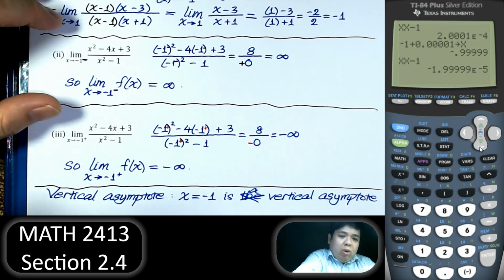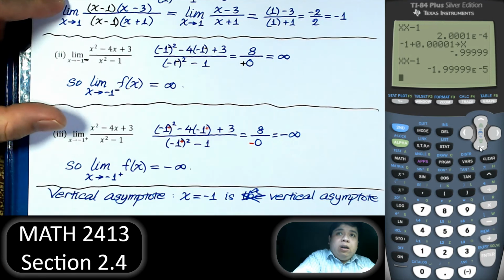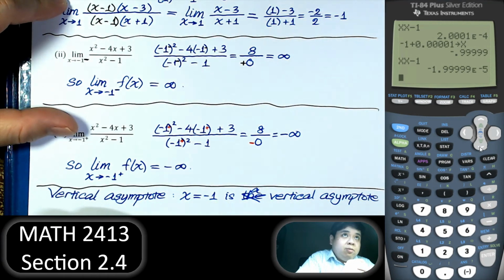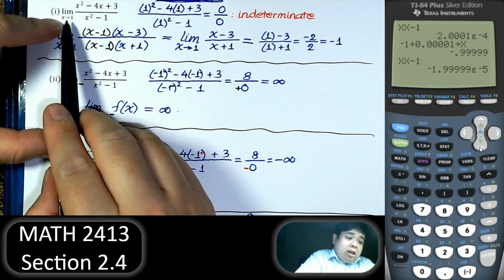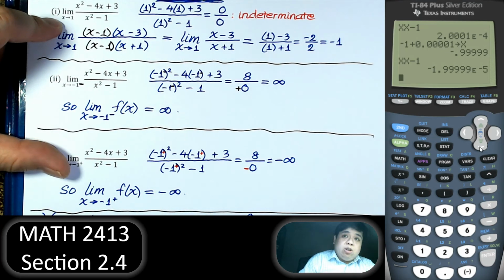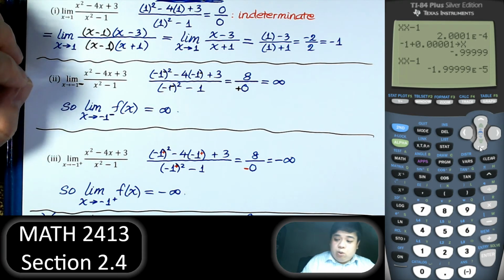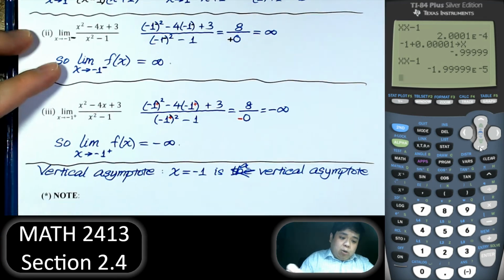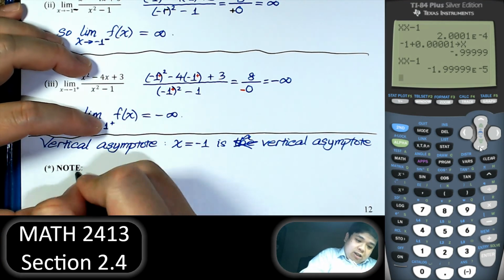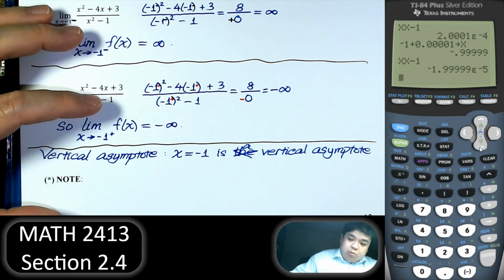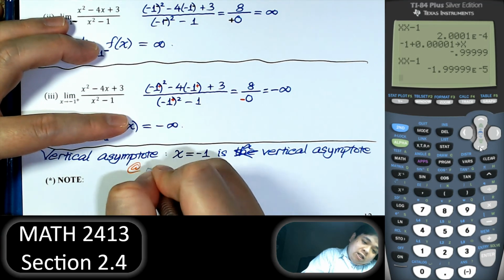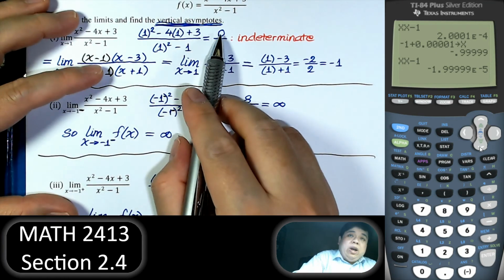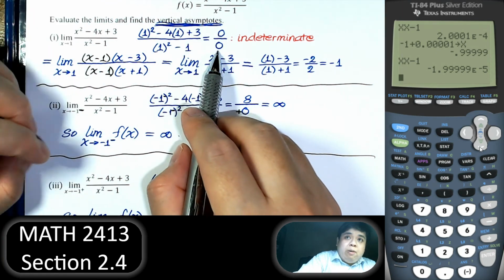So then you say, what happened at x equal to 1? Clearly, divided by 0 is undefined, right? And you are correct. This is not the vertical asymptote though, but it is something that we need to worry about. Now, what happened at 1? At x equal to 1, top and bottom both equal 0.